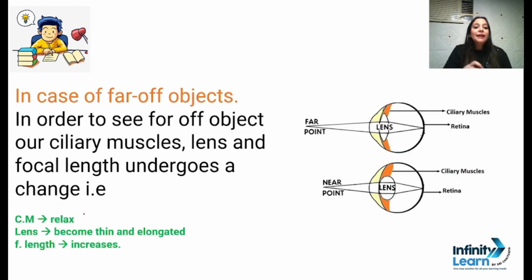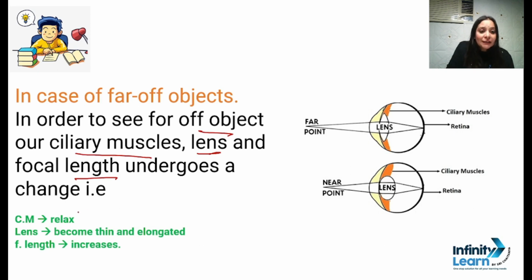Now how do ciliary muscles help? See, in case you want to see far off objects, meaning objects which are not close to you, then ciliary muscles, lens and focal length, all three things undergo a change. The first thing that will change is the ciliary muscles.